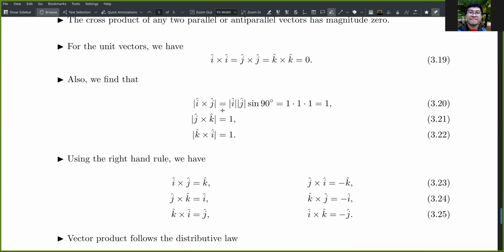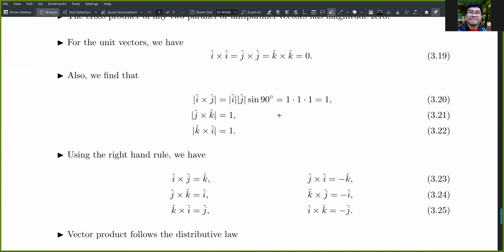But if they are different, I cross J, for example, the angle between them is 90. So sine 90 is 1. The magnitudes are 1. So the answer is 1. The same thing with J cross K and K cross I. These are magnitudes. So even if we interchange them, the magnitude would still be the same. However, the directions would be different.